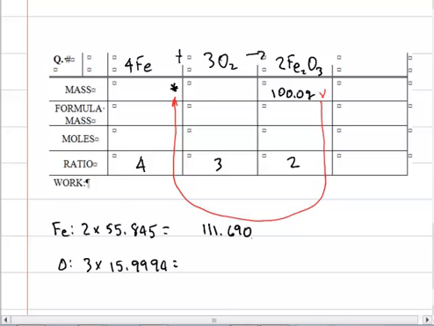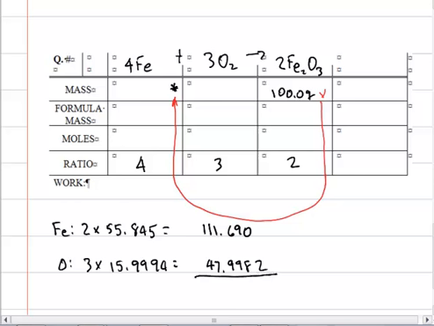Now this is something to be a little bit careful of. When you're multiplying here, notice this ends in a 5, and we're multiplying by 2, so your calculator will give you 111.69. It's going to drop off that last 0. You have to recognize that that is a significant figure and include it. And then our 3 times the 15.9994 is 47.9982.